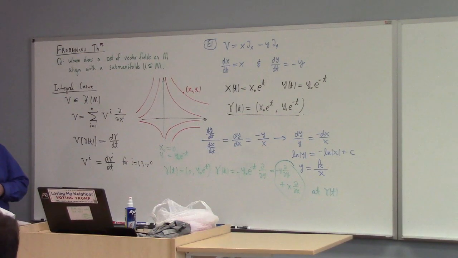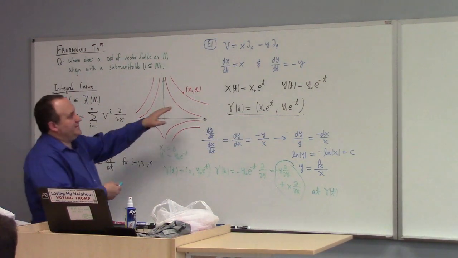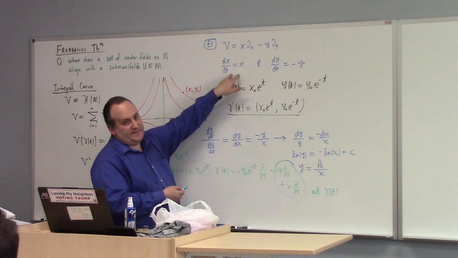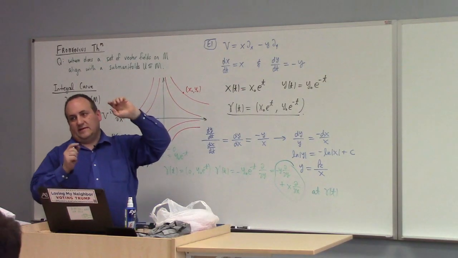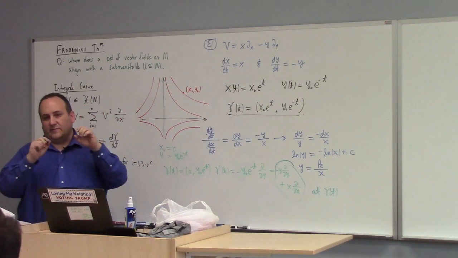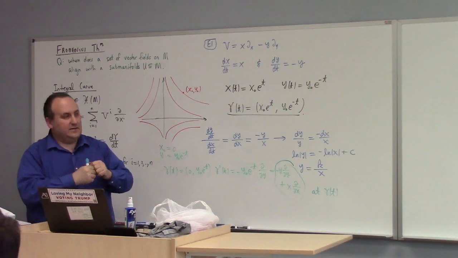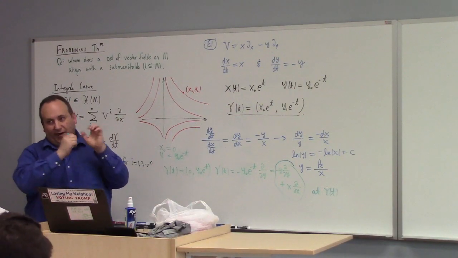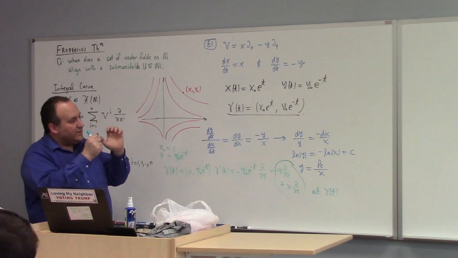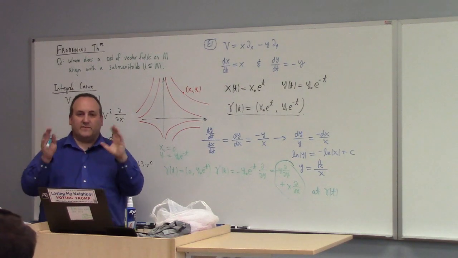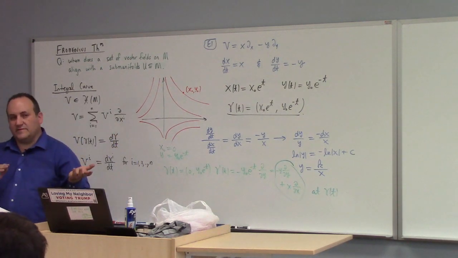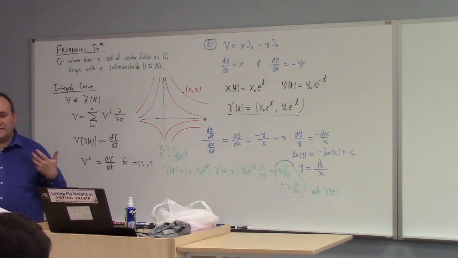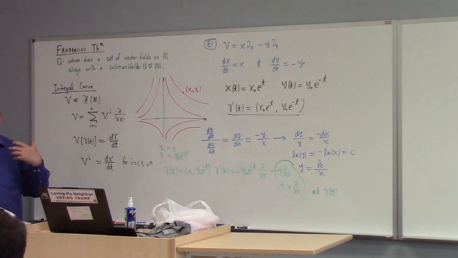To be fussy, when I solve dx/dt equals x, what I'm really solving is d/dt of x composed with gamma is equal to x composed with gamma of t, and d/dt of y composed with gamma is equal to y composed with gamma of t. I'm solving for respectively the first and second components of the integral curve. It's just, rather than coming up with new names for these, we just use x and y for them again in the interest of confusing the students.